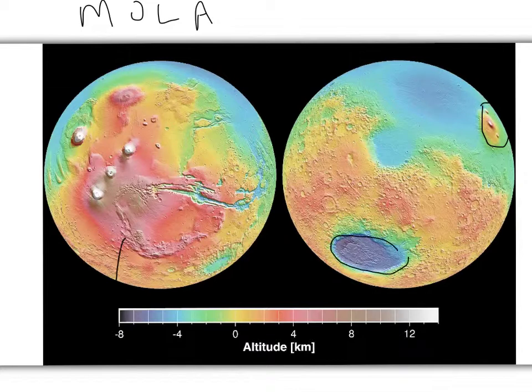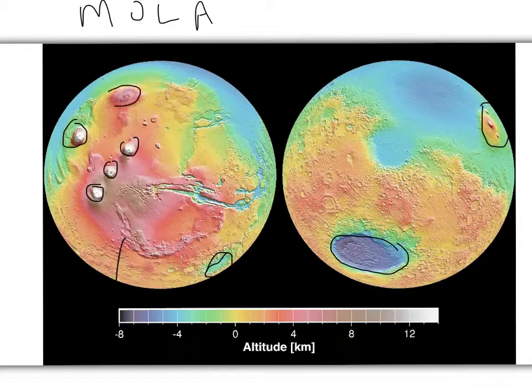This structure here, Hellas Basin. This structure peeking over the edge is Argyre Basin. What's this guy? Olympus Mons. We've got Arsia, Pavonis, and Ascraeus Mons, the three huge volcanoes in the Tharsis region.